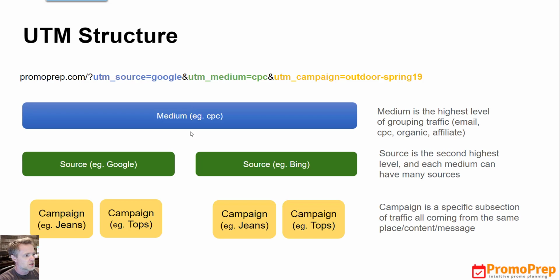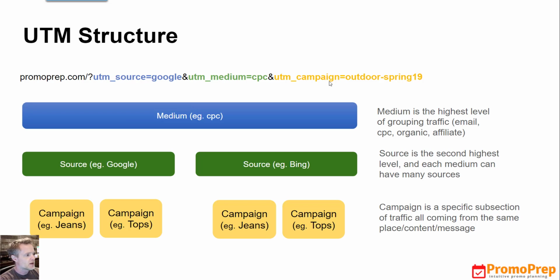But anyways, the UTMs are broken down into multiple different types of query parameters, if you will. So basically, UTM source is a query parameter, UTM medium, UTM campaign. Those are all different parts of the UTM variables. However, there's others too, but these are the three that are needed for telling Google exactly where that traffic's coming from.